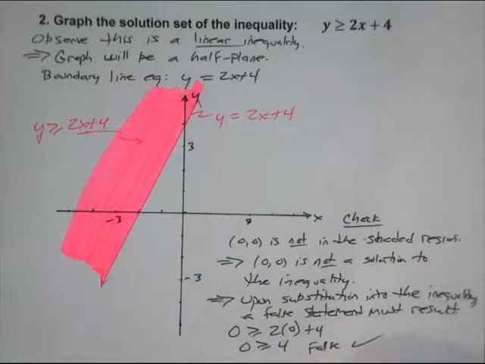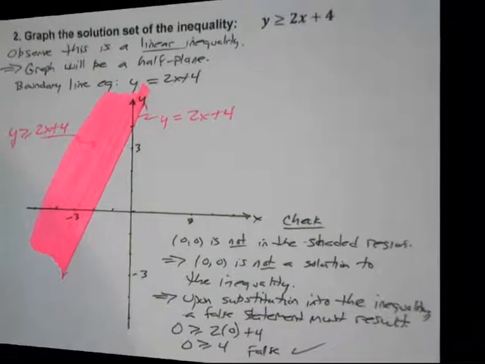So we actually have a check for our solution here. By the way, the reason you may choose 0, 0 to check is due to the simplicity of the arithmetic that results from having 0 for x and 0 for y.